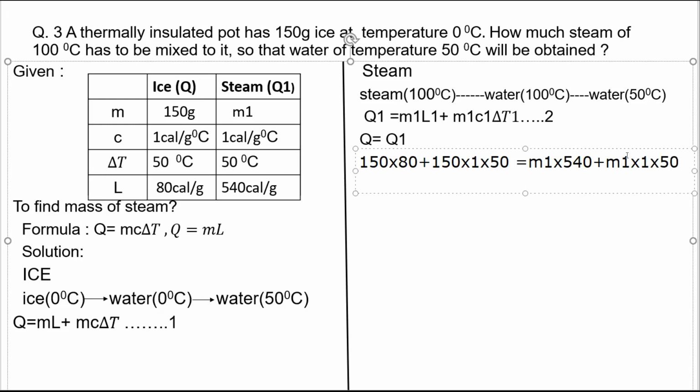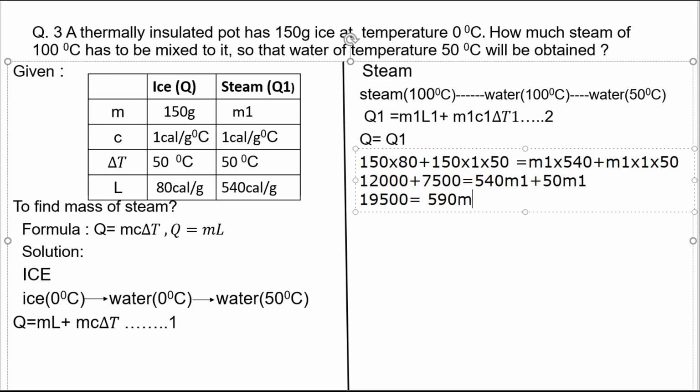Okay. Now 150 into 80 is 12,000 plus 150 into 50 is 7,500 is equal to 540 m1 plus 50 m1. 12,000 plus 7,500 is 19,500 is equal to 540 plus 50, 590 m1.